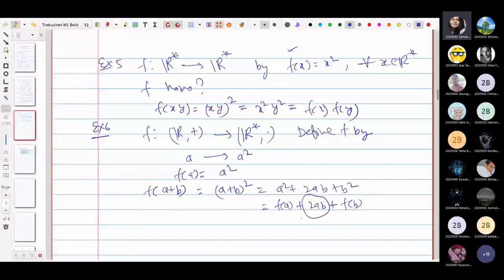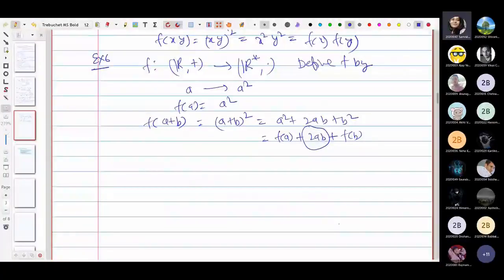Okay, so what can you say about this function? Is it a homomorphism? No, a big no for this, because this is not equal to f(a) plus f(b).